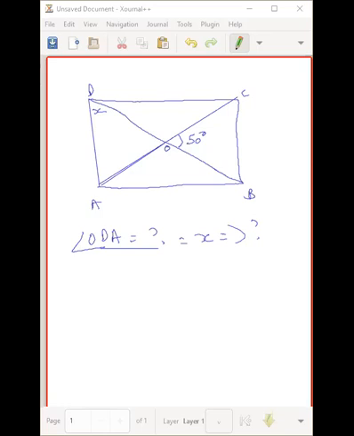Quickly solve this. I want angle ODA. We're given COB is 50 degrees, and it's a rectangle. Parth, that is incorrect.